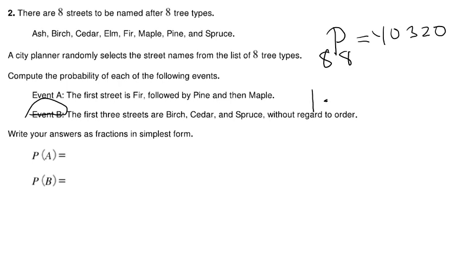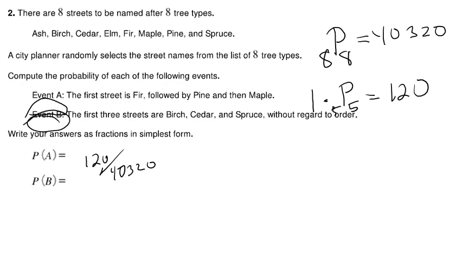But we still have 5 other streets that have to be named, right? And that's a permutation of 5 pick 5. 1 times 5 pick 5 is 120. So A is 120 divided by how many ways you can do anything. 120 over 40,320. Now let's consider event B.